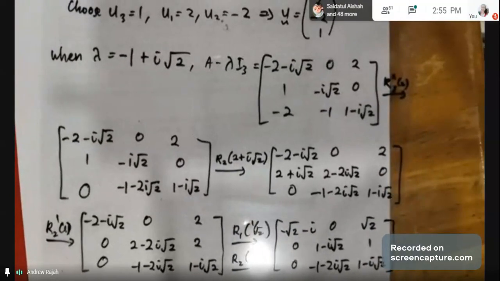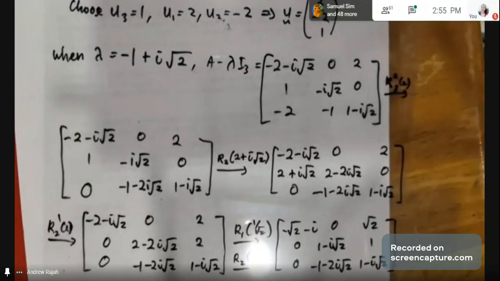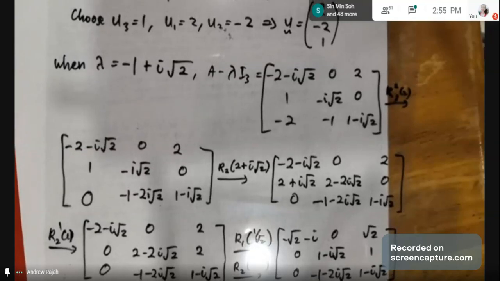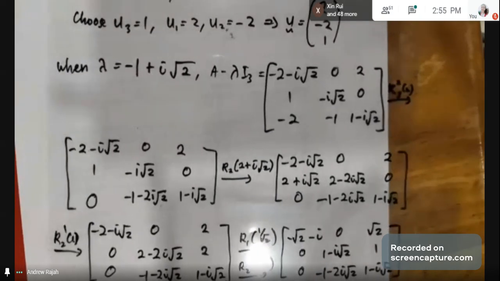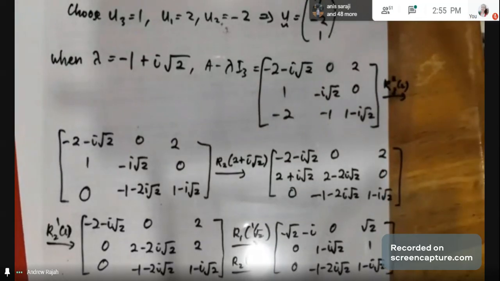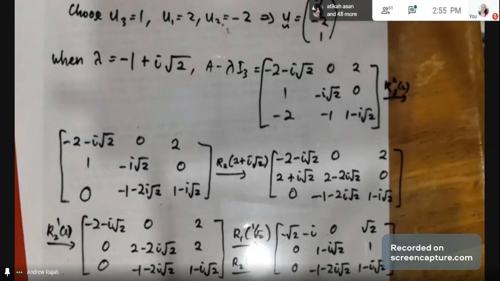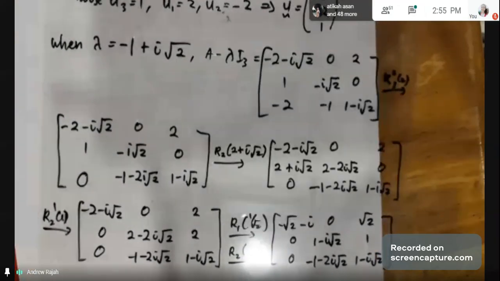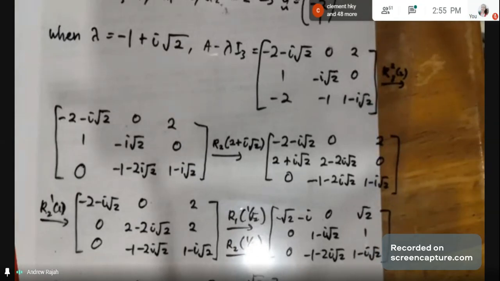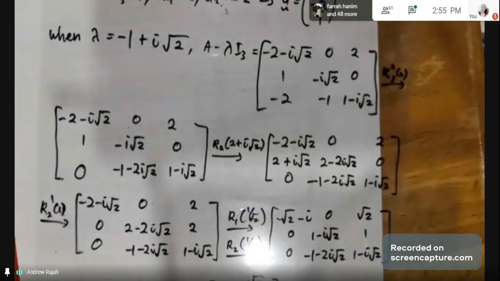V1, V2, V3 are the entries in this eigenvector, correct? Yes, V1, V2, V3 are the entries in this eigenvector V. So they must satisfy this equation: this matrix times V1, V2, V3 equals 0.